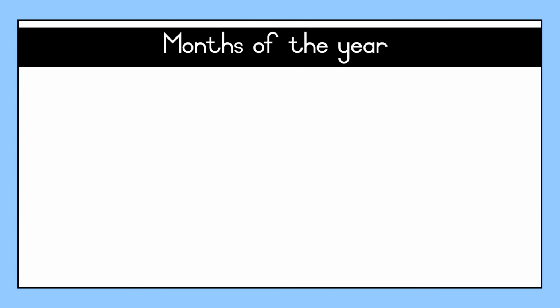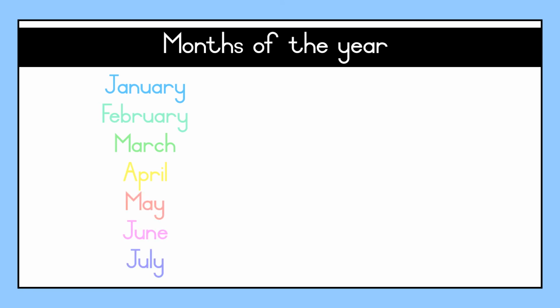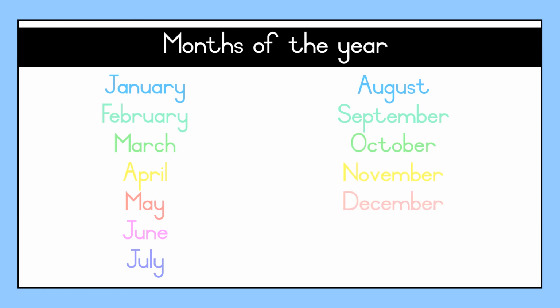Now practice the months of the year. January, February, March, April, May, June, July, August, September, October, November, and December. Let's quickly see how many months of the year there are.